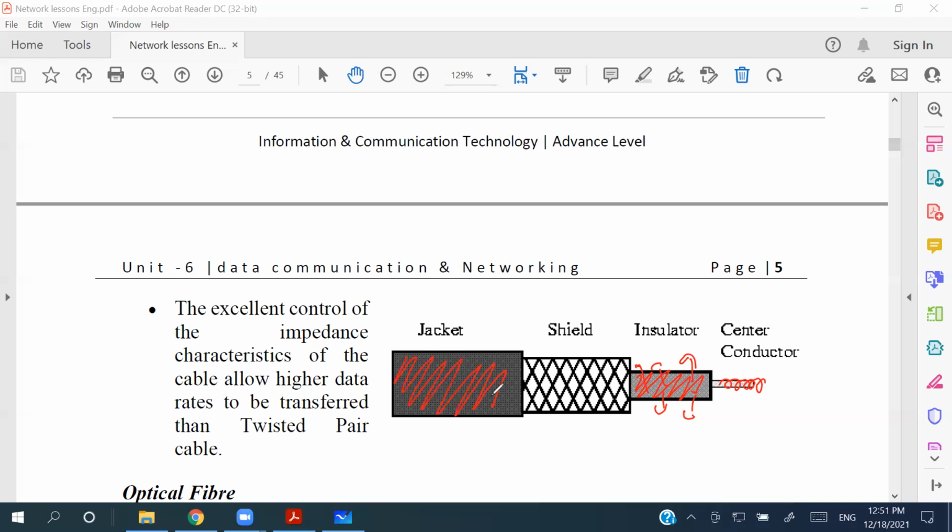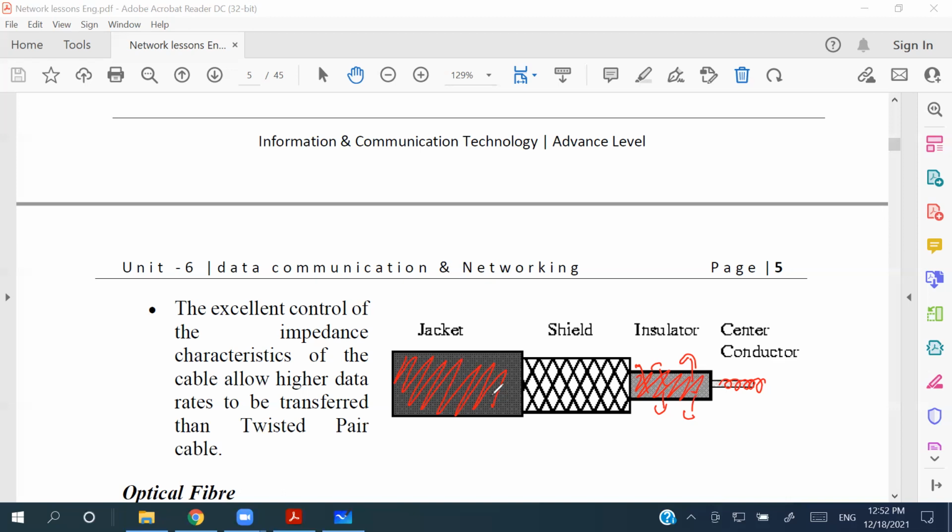They are heavily used for TV antenna connections, as well as nowadays for CCTV connections. From the CCTV camera to the set-top box at the central point, they connect the CCTV and the central box using this coaxial cable.